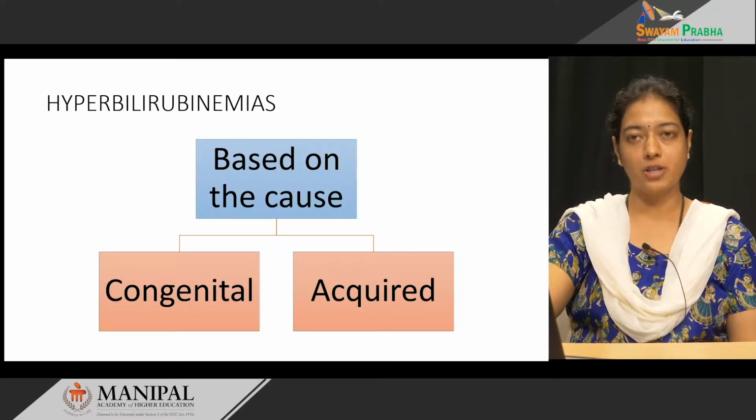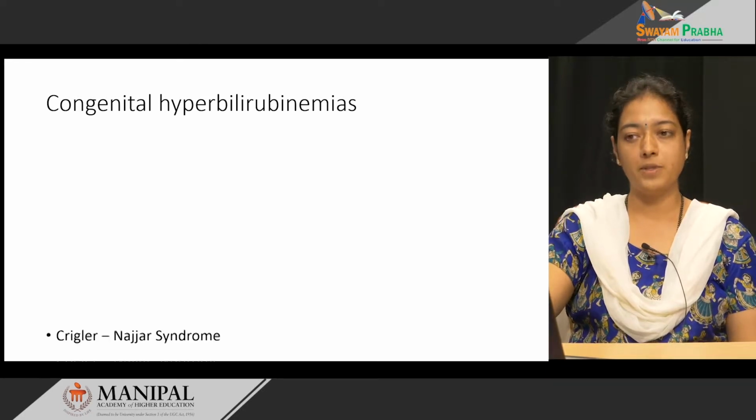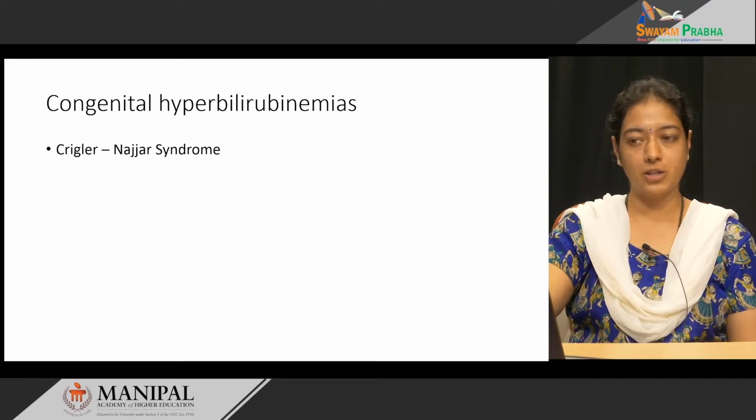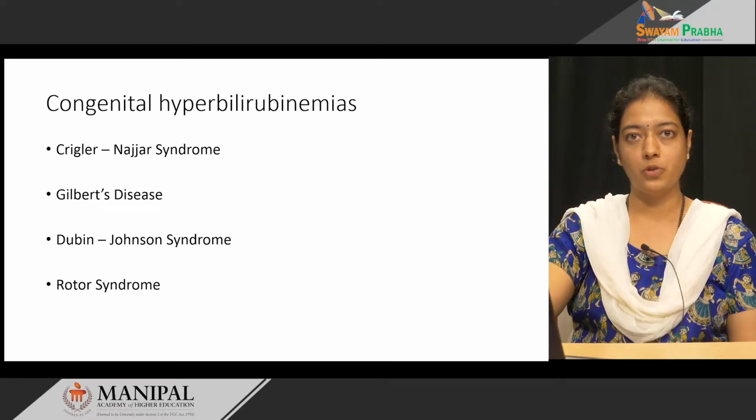Based on the cause, jaundice can also be classified into congenital and acquired. Coming to congenital hyperbilirubinemias, there are 4 types: Crigler-Najjar syndrome, Gilbert's disease, Dubin-Johnson Syndrome and Rotor Syndrome. So, these 4 are congenital hyperbilirubinemia.